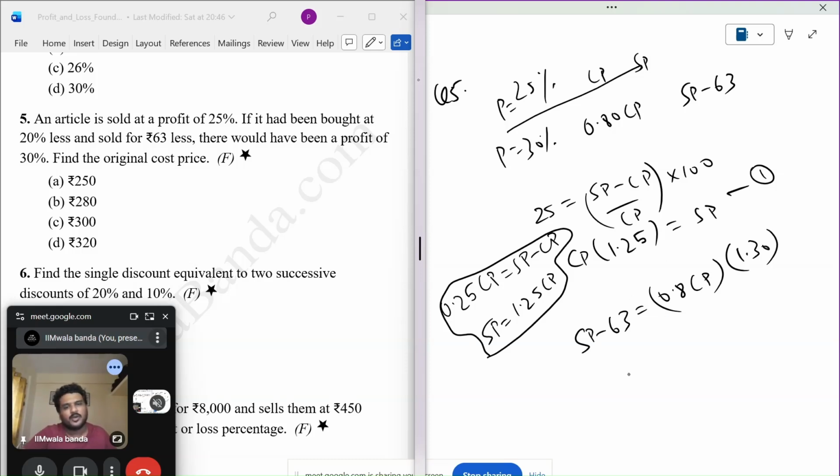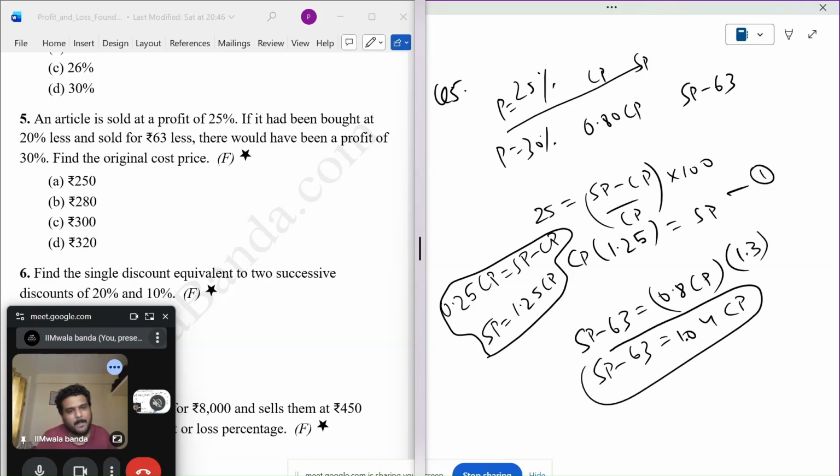Now let's just quickly remove all these zeros after decimal. 8 twos are 16, 8 threes are 24, 8 ones are 8, 9, 10. And 1, 2. So 1.04 CP. This is your second equation.